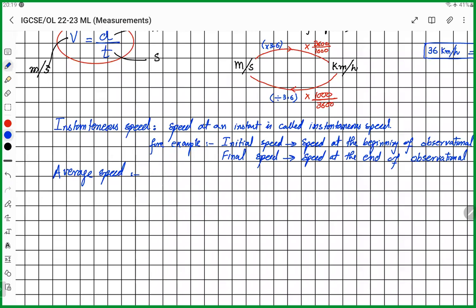Average speed is total distance traveled divided by total time taken.